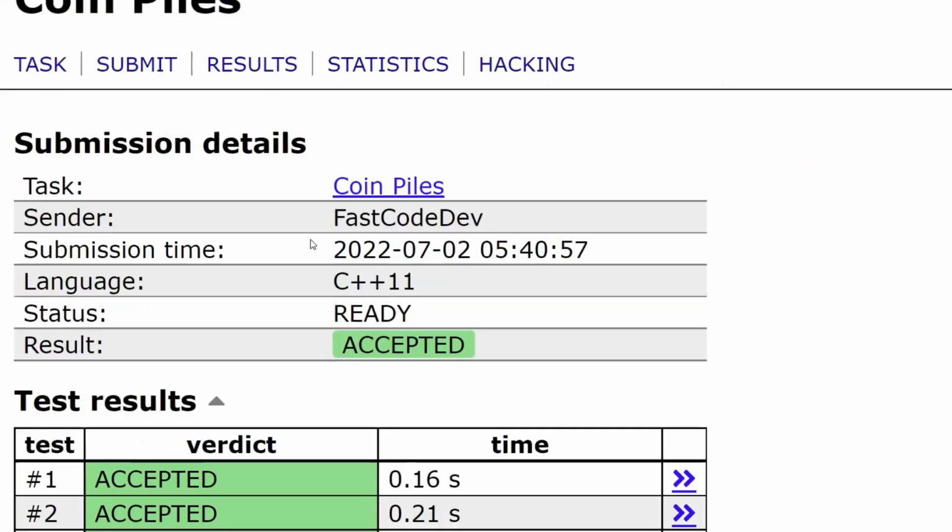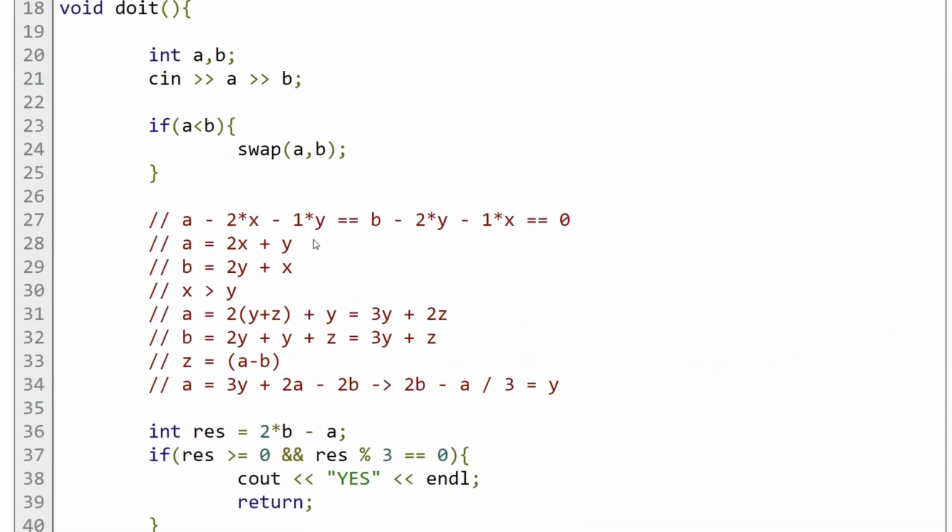So what I have done here is I just used simple algebra, and I found the relationship or equation, if you will, that needs to be true in order for an answer to exist. So what I'm doing here, I declare two integers, a and b, the left coin pile and the right coin pile. I input them, and then I check if a is smaller than b.